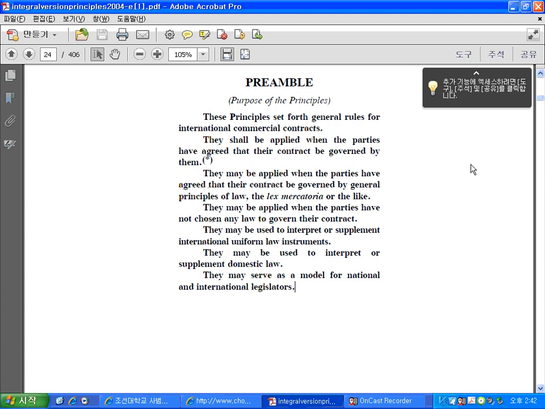the purpose of the principles. These principles set forth general rules for international commercial contracts, and they shall be applied when the parties have agreed that the contract be governed by them. They may be applied when the parties have agreed that the contract be governed by general principles of law, the lex mercatoria or the like.